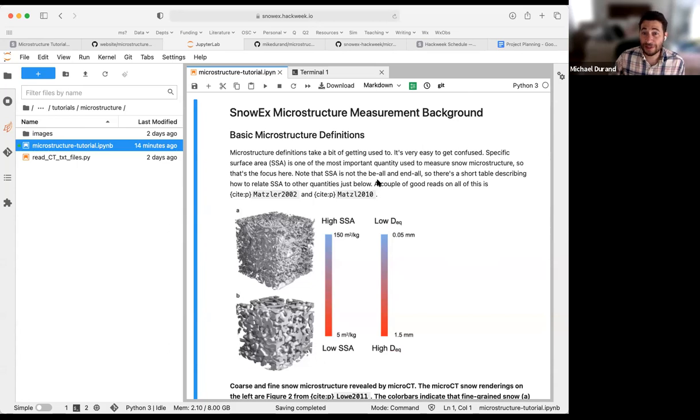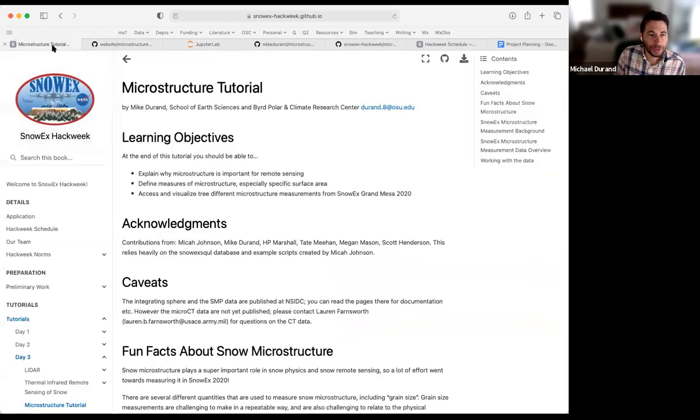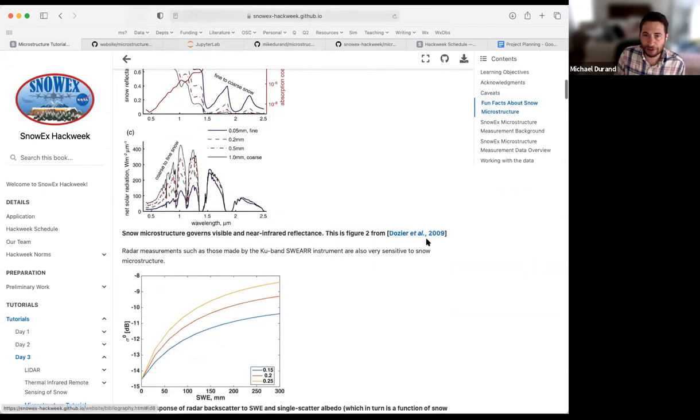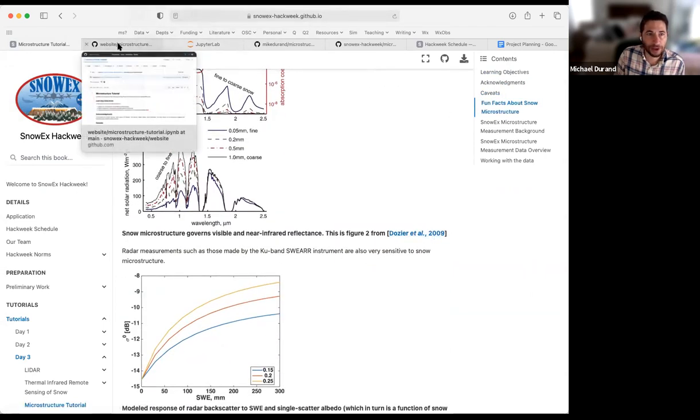It also is not the only quantity that could be of value to know about. So I have a list of a bunch of other quantities a little bit below. And here's a couple references. Sorry, this isn't the JupyterHub view, so the references all look funky, but if you look at it on the website, they all render nicely, and they'll hyperlink you to those.